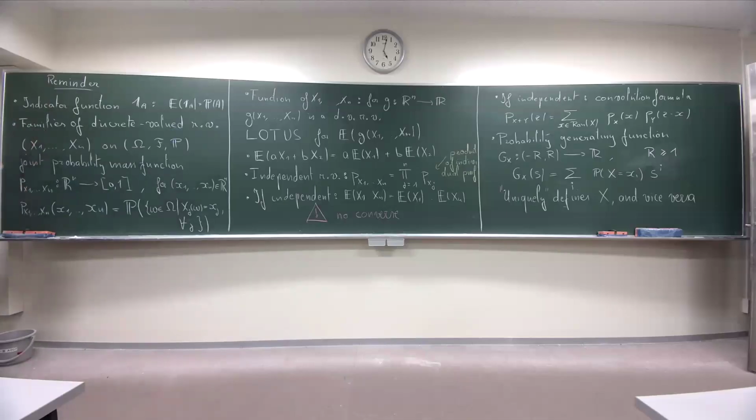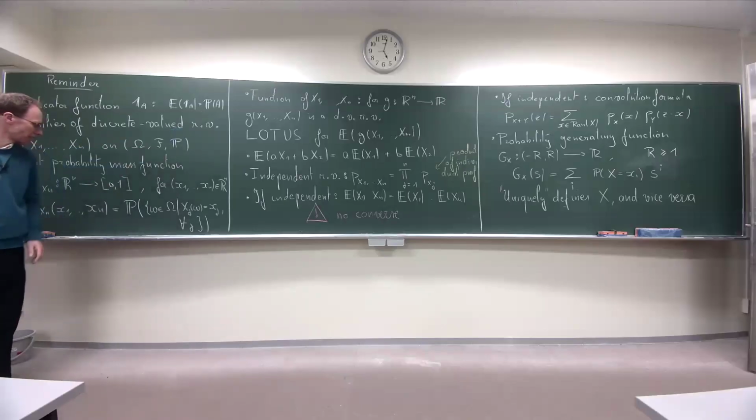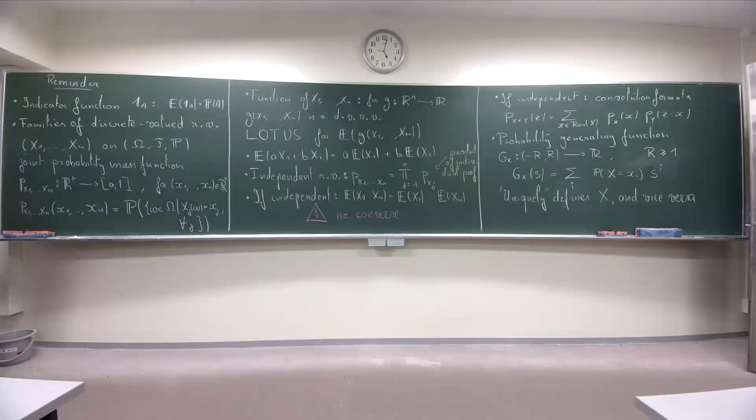Then I started with families of discrete valued random variables. I could do it, or I could introduce them as a vector, but for now I just consider n discrete valued random variables on the same probability space. And the first thing we have defined is a joint probability mass function. This is a function indicated by p index X1 up to Xn.